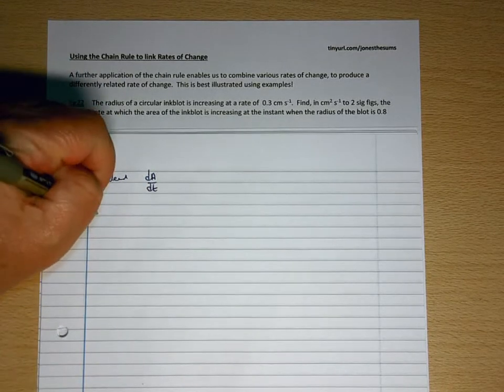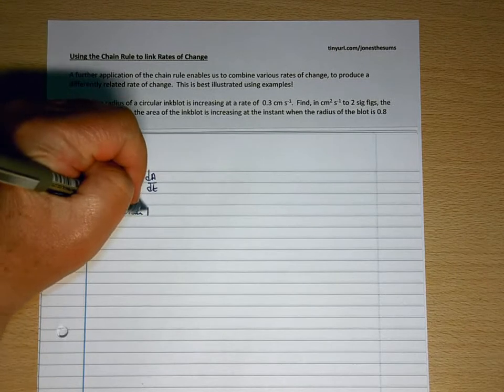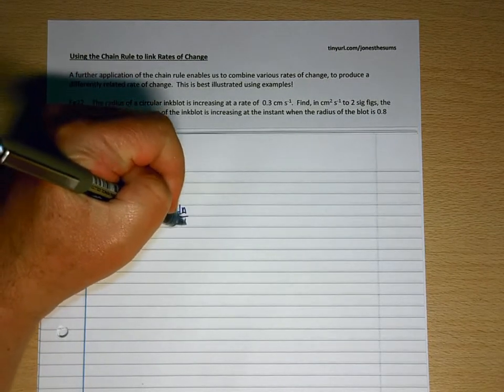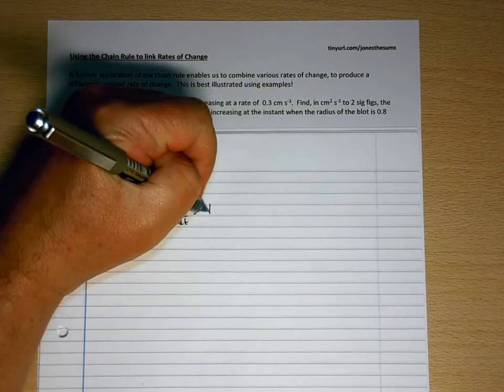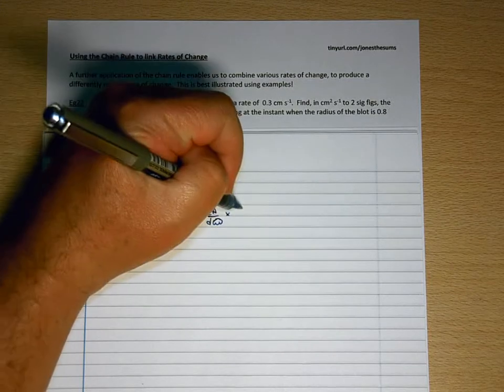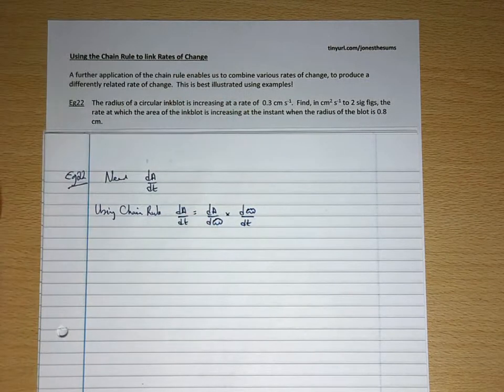And using the chain rule, as we've been practicing over the recent weeks, we can use that information to split that up into dA d something multiplied by d something dt.